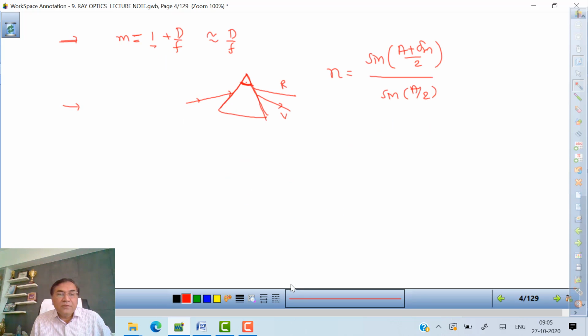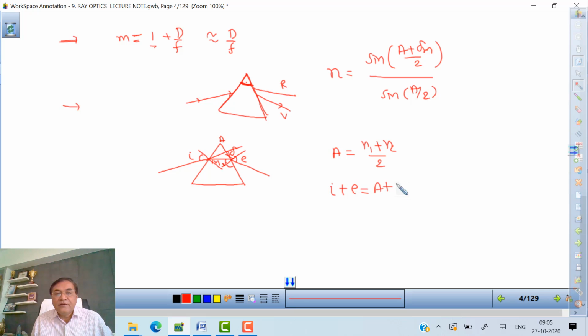When I taught this lesson, I said you have to remember this figure also. This is called I, this is called E, and this angle is called deviation delta. R1, this is R2, and this is A. So the formula is A is equal to R1 plus R2, and I plus E is equal to A plus delta.